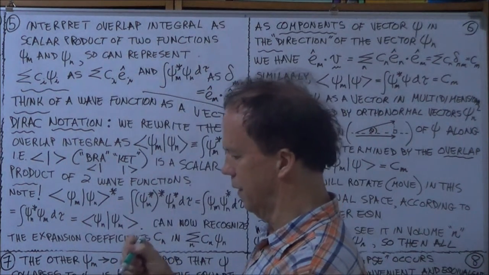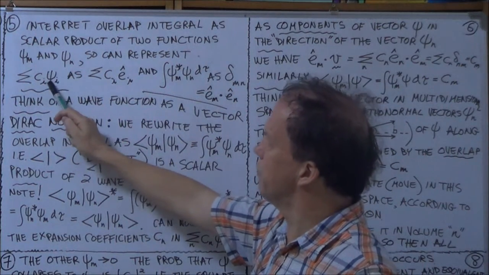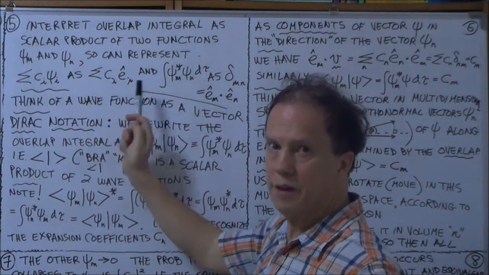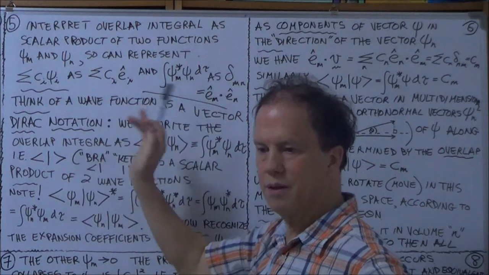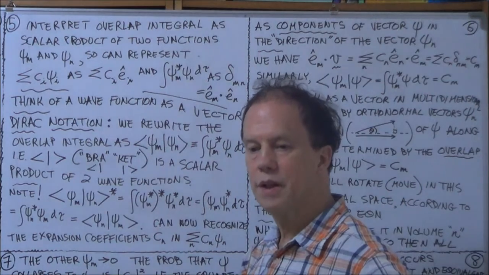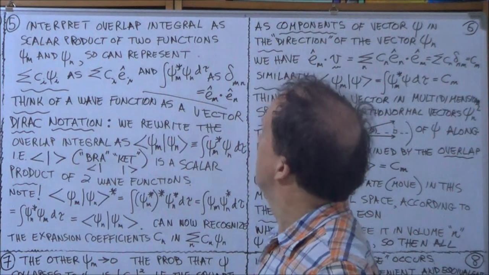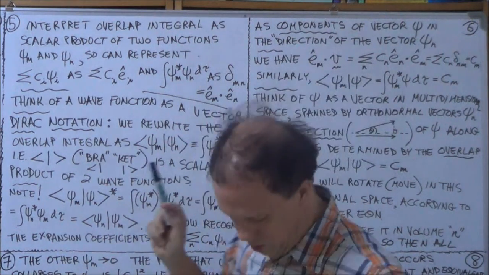So you're translating, in a sense, your wave function into a unit vector. That's the main idea of these sessions. Think of the wave function as a vector in a vector space, right? So that means you can rewrite.